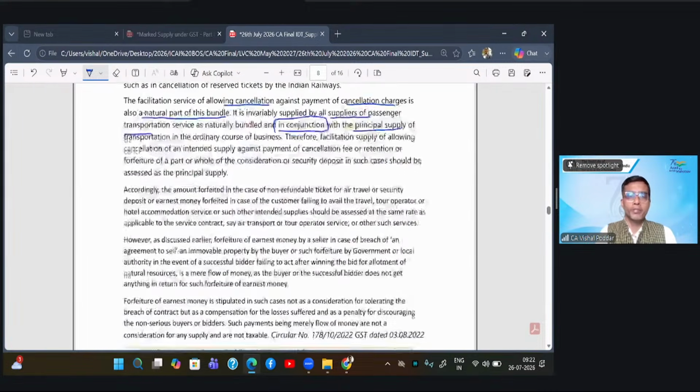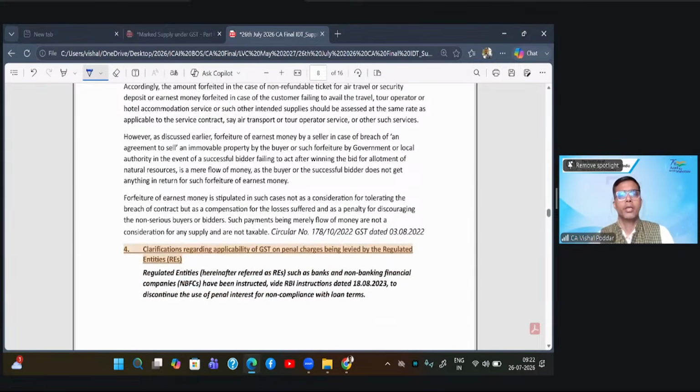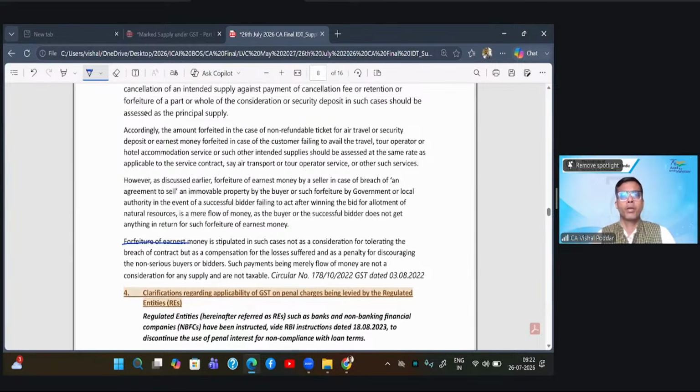So hence, the answer given is that the forfeiture amount or the non-refundable ticket amount, which is now cancelled because you have failed to avail my facility of travel, tour, hotel accommodation, will be treated the same as the original supply, and in short, the tax will be levied on this cancellation amount similar to the original supply rate.